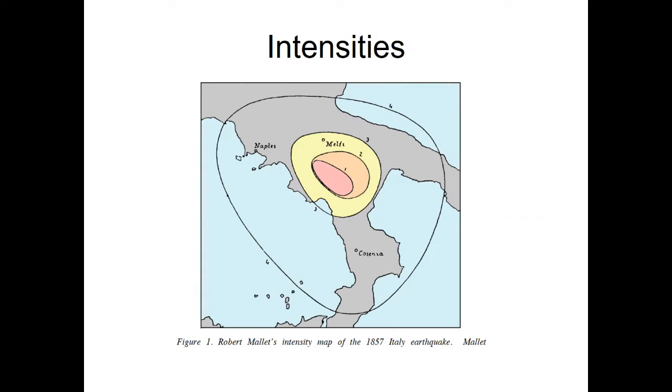Before that, there was no way to measure the size of an earthquake, but people used intensities, numbers to describe how strong the shaking is in any place. I'm sure you've seen this before. This was pioneering work by Robert Mallet in 1857, and he had his own scale, with strongest shaking and then less shaking. So this is an intensity map, an idea that goes back to the 19th century.